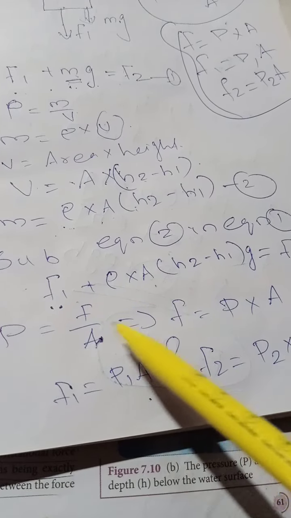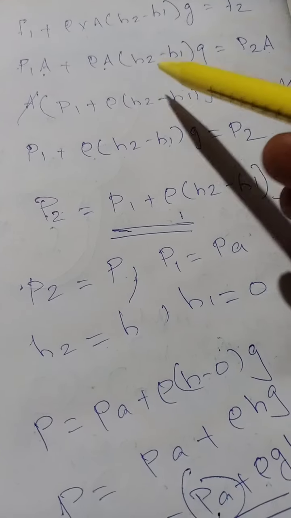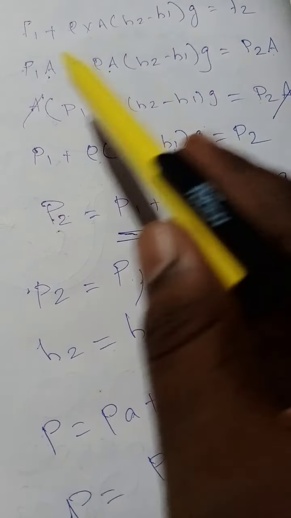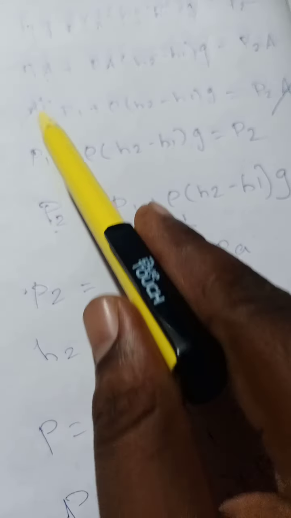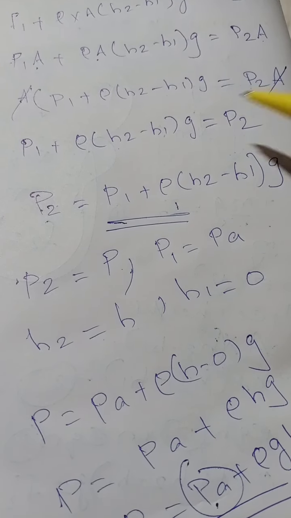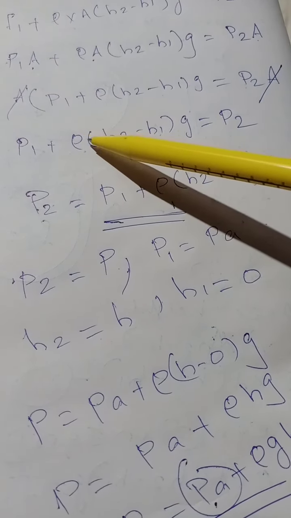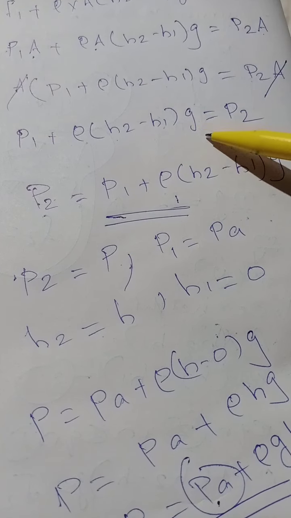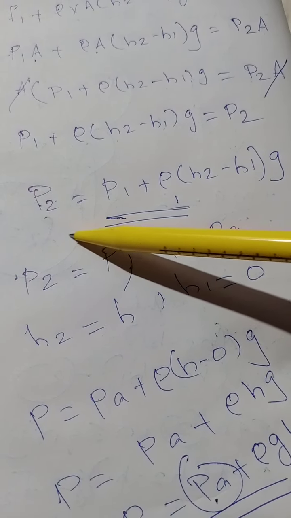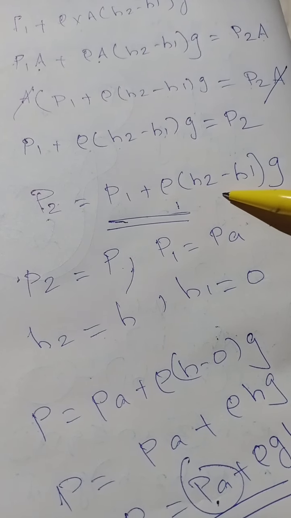F1 is P1 A and F2 is P2 A. While substituting, we get A here and A on this side also. Take A outside and cancel A on both sides. So you will get an equation like this: P1 plus rho into (h2 minus h1) into g equal to P2. From that you can find P2. P2 is equal to P1 plus rho into (h2 minus h1) into g.